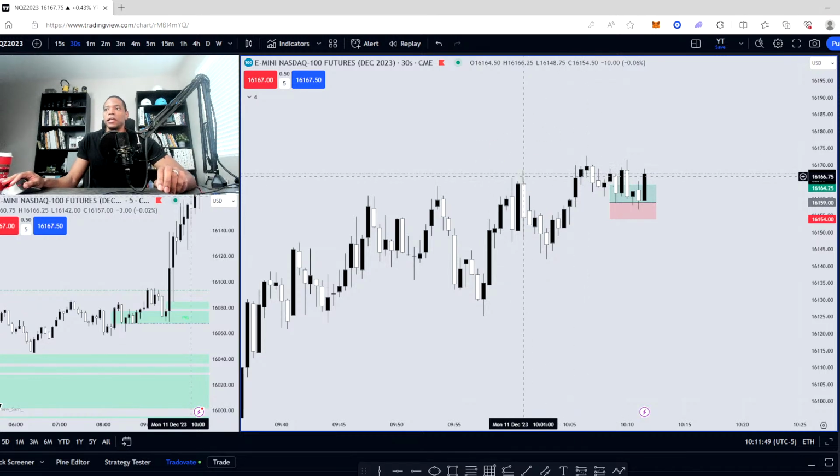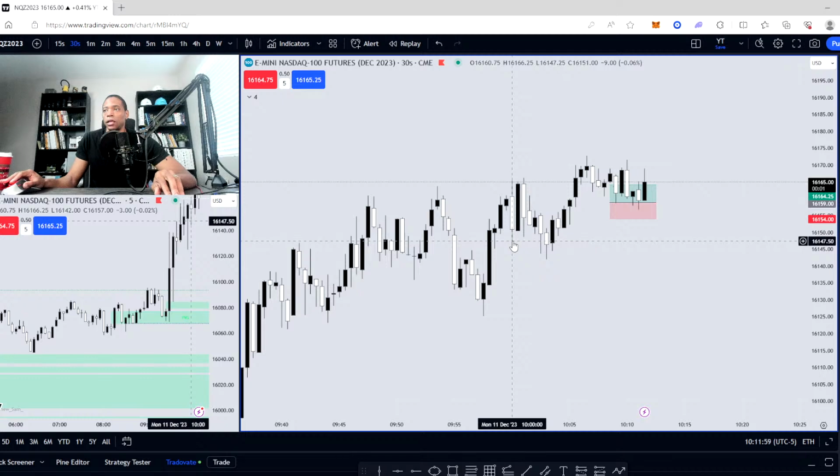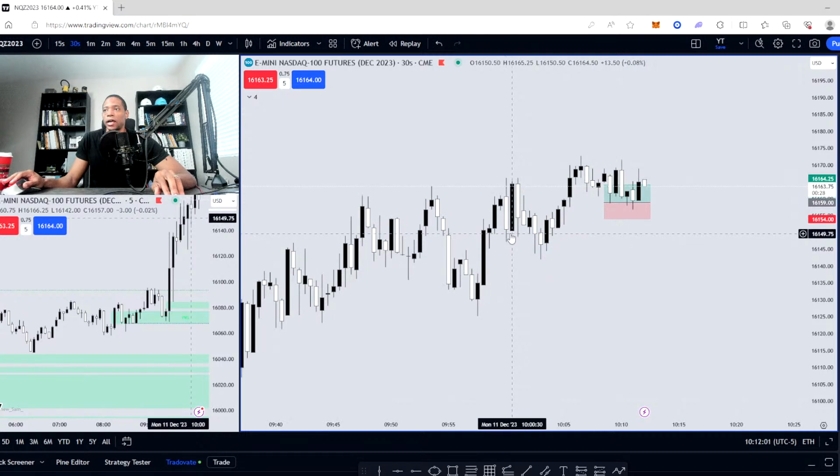So once it made this high, before we can look for another setup, we need price to take a swing low. And a swing low is defined as a low point that has a higher low on both sides. So we see a low here. To the left, this candle has a higher low, and to the right, this candle has a higher low.